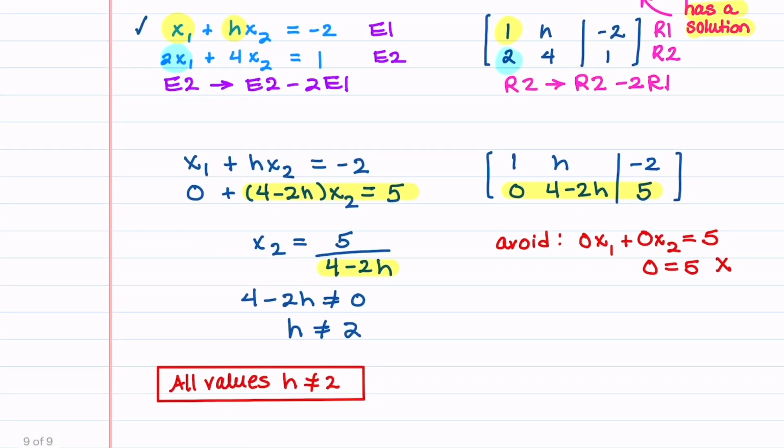So we're going to have to say that 4 minus 2h cannot be equal to 0, because if it was, this term would be 0, and that would not have a solution. So this again is the same. h is not equal to 2, and that gives us our same answer.